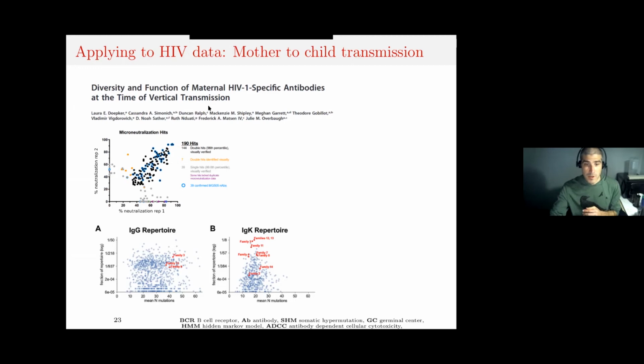And just quickly, the reason this particular data was very interesting to us is because this is from a mother-daughter pair where vertical transmission occurred, which means that the mother infected the infant after birth. And this is, besides being super tragic, very interesting from the perspective of potentially developing an HIV vaccine, because in most HIV transmission events, the person who is getting it is totally naive to HIV.